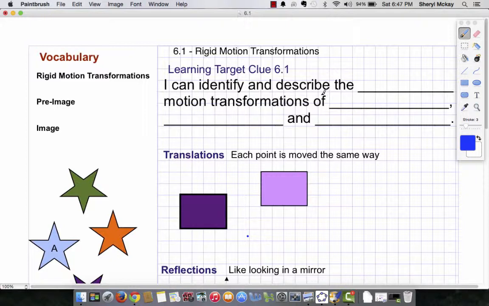So let's start by filling in our learning target that says, I can identify and describe the rigid motion transformations of, and we're going to write 3 different types that we're going to learn. First one is called translations. Next one is reflections.